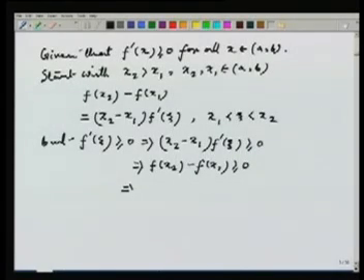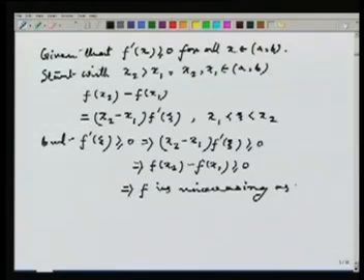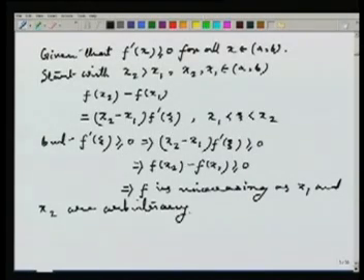This implies f is increasing, as x1 and x2 are arbitrary points in the interval (a, b).